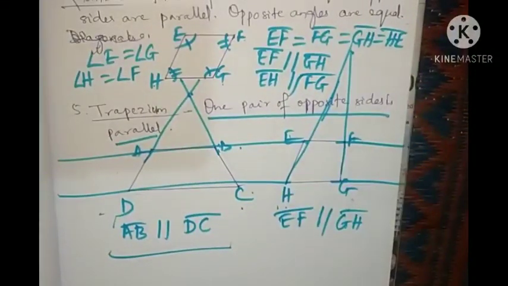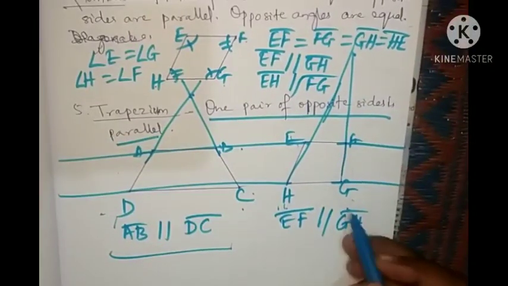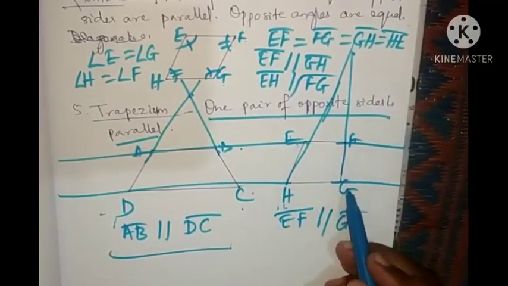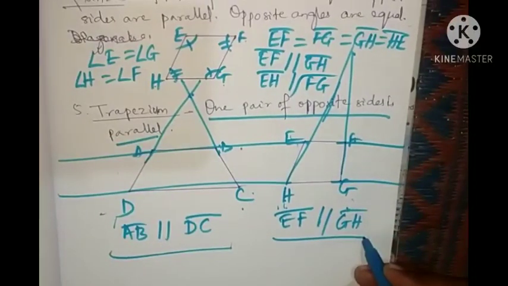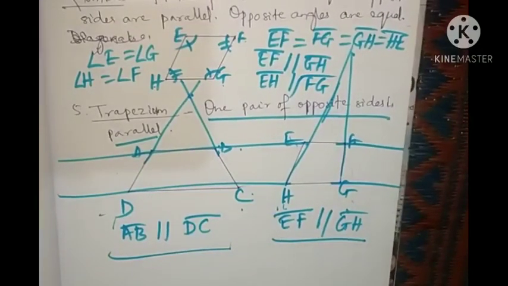Means they are intersecting. That's why EH is not parallel to FG. That's why EFGH has only one pair of parallel opposite sides, and EFGH is a trapezium.